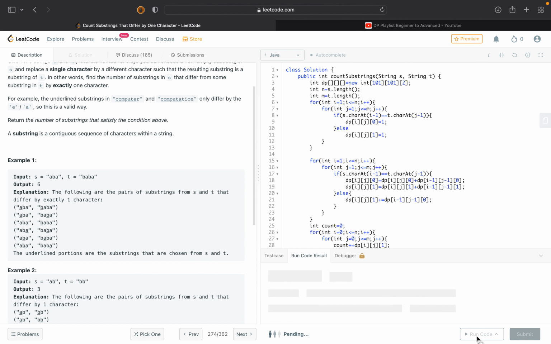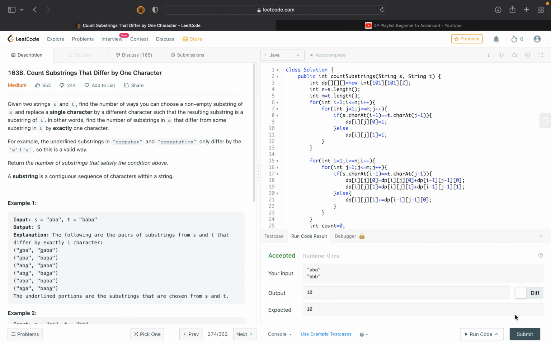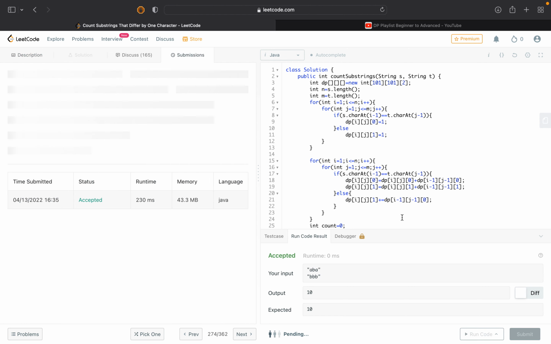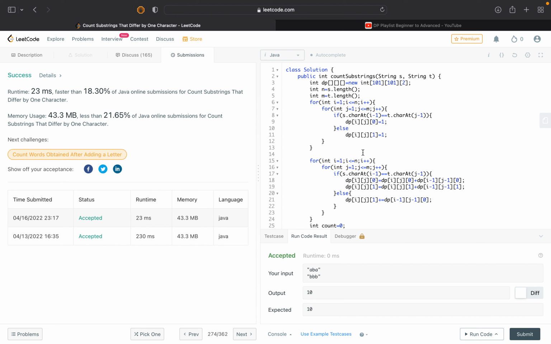So let's see if our code is working. So yes, it is working correctly. Now let's try to submit this. Yes, it is working correctly.